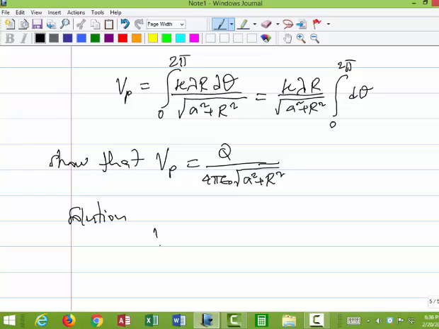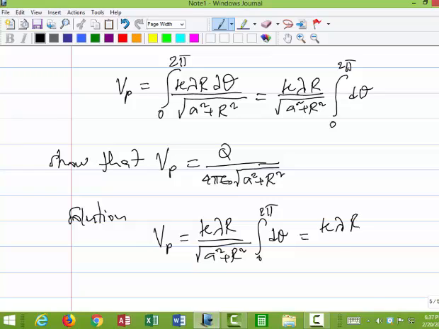The potential at P is equal to K lambda R over the square root of A squared plus R squared, integral from 0 to 2 pi d theta, and your integral is theta from 0 to 2 pi.